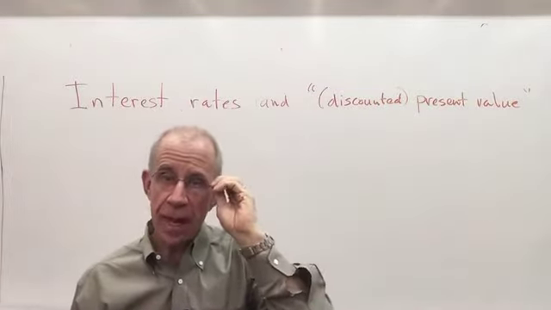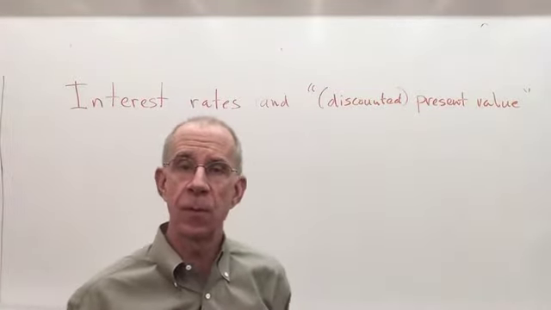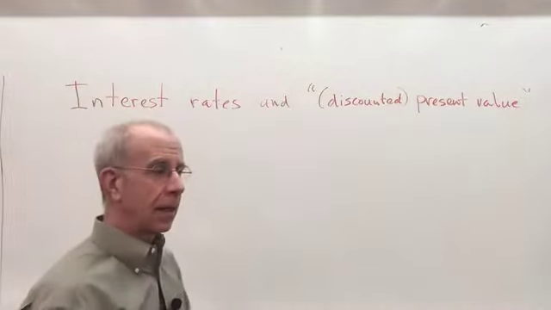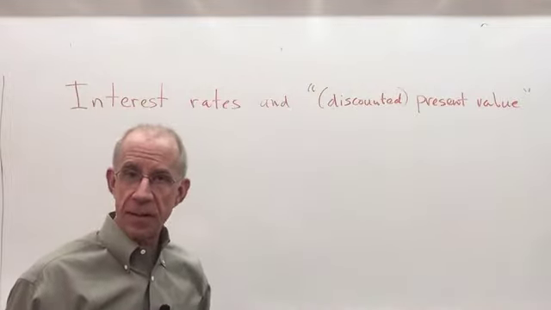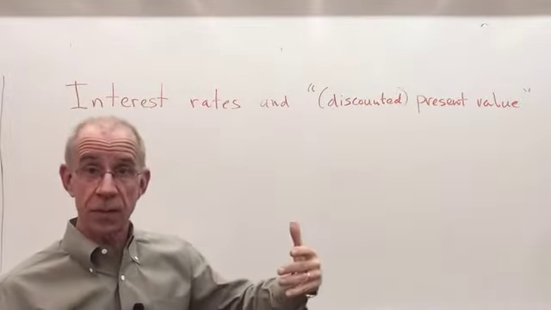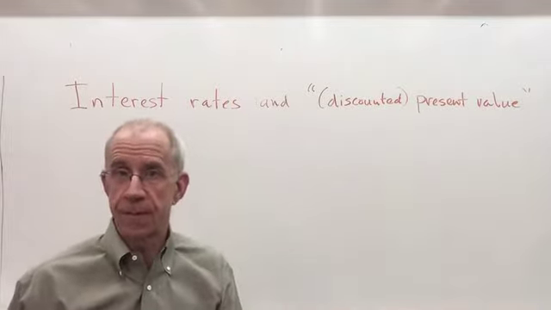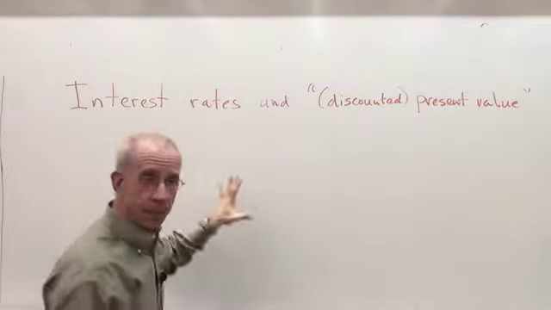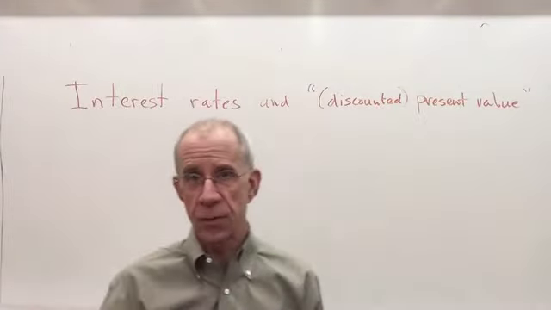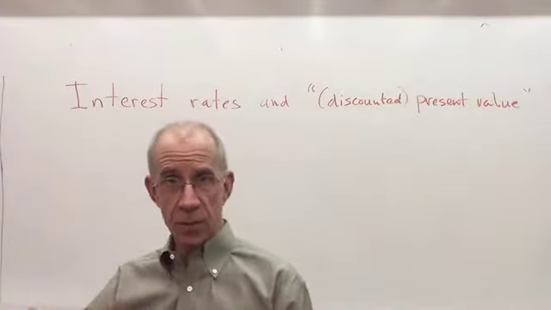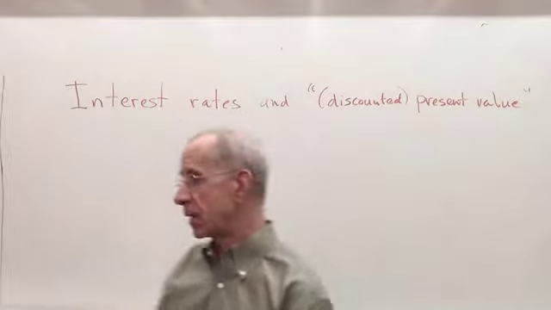Now, I'll talk about what that means in a few moments, but critical to the idea of looking at choices over time is the use of interest rates. So I want to use a couple of examples of what interest rates mean, and we will use that to build up the idea of present value.